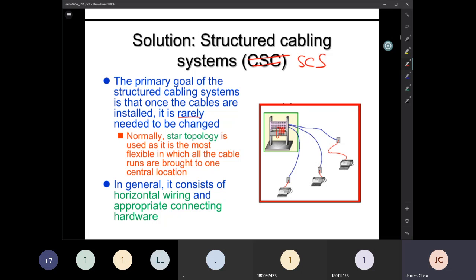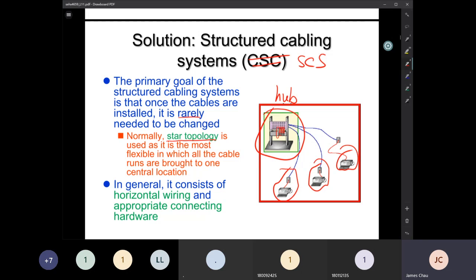And normally, we are using a star topology that we introduced to you in our networking lessons, so that in the middle, we have a hub. And this hub will perform signal repeating to all of the connections to each device.